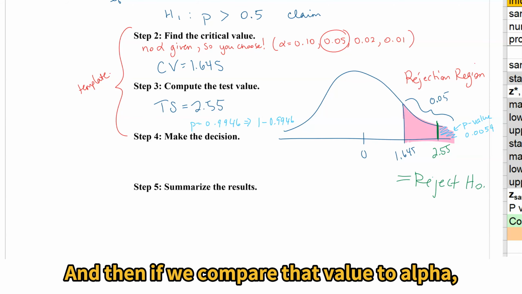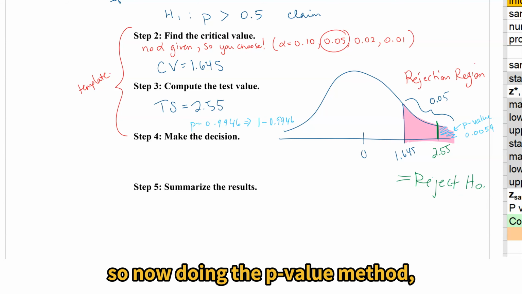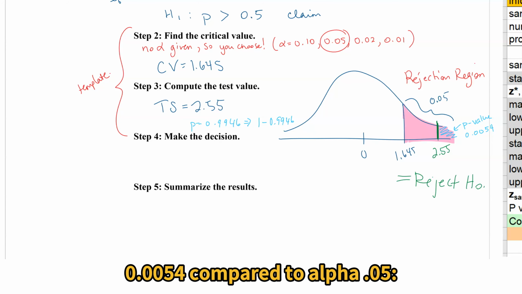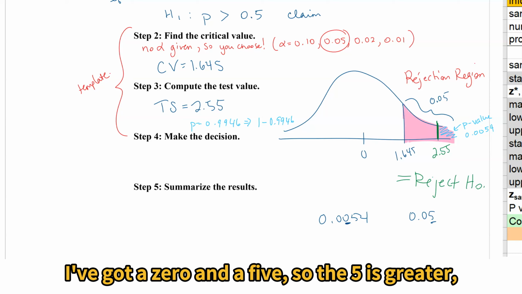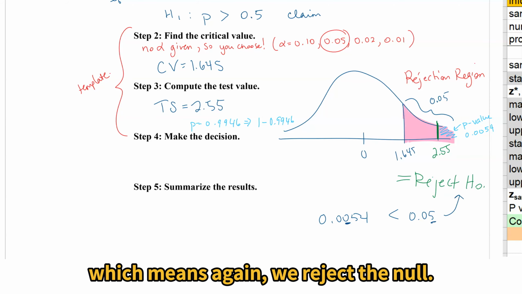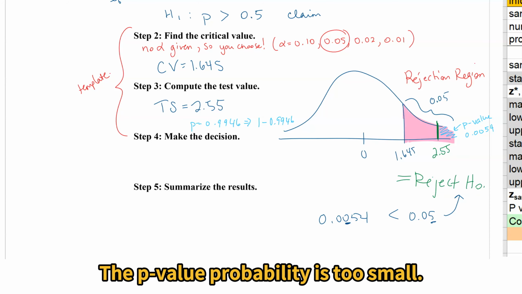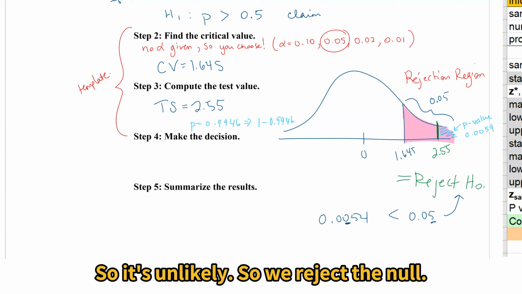And then if we compare that value to alpha, so now doing the p-value method, 0.0054 compared to alpha, 0.05, 2 decimal places, I've got a 0 and a 5, so the 5 is greater, which means, again, we reject the null. The p-value probability is too small, so it's unlikely.